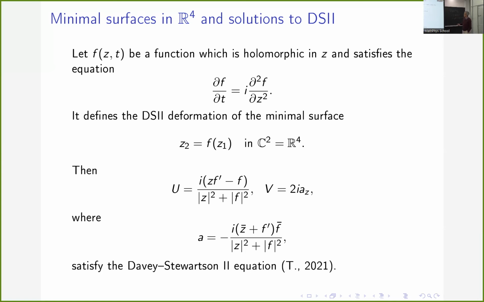This is the deformation of this graph, so at every moment we do have a minimal surface. Now the graph is deformed due to this equation, and at every time we write down the potential U. For generic holomorphic f, we have written this information: V equal to i A over Z.